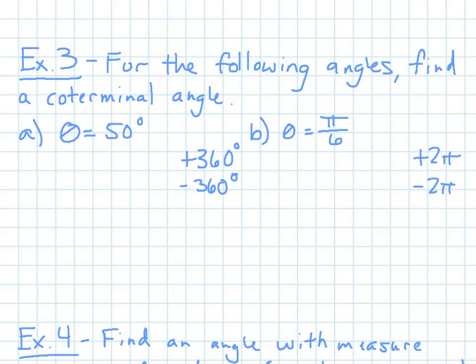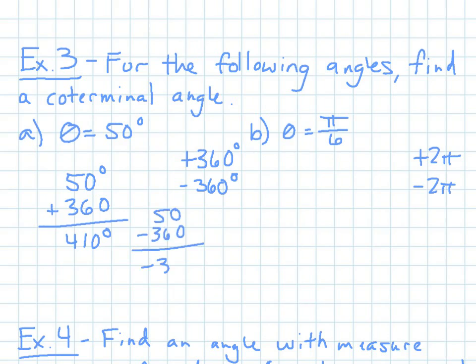So if I have 50 degrees and I add 360 to this, it gives me 410. But if I subtract 360 from 50, that gives me negative 310 degrees. So these both are considered coterminal angles. And remember that you could have multiple answers. You could add 360 ten times, and you would have a coterminal angle, just a very large one.